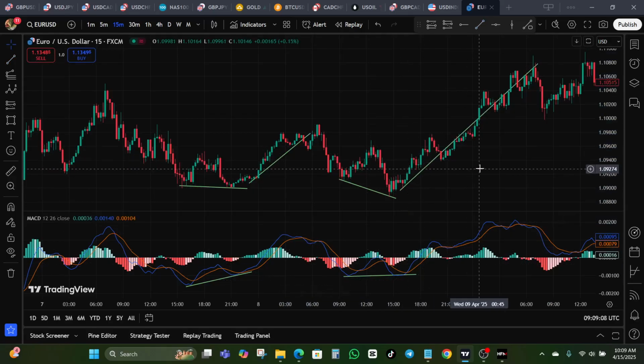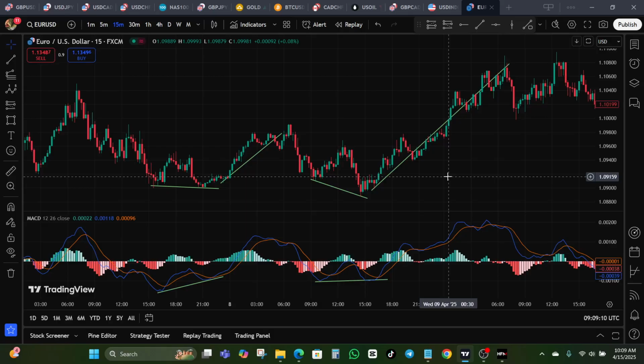All right. Now, MACD double divergence takes this a step further. It happens when two divergent signals appear in sequence, amplifying the probability of a reversal. It's essentially a warning that momentum is not supporting price action and something is about to shift.